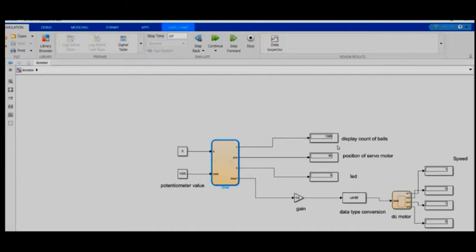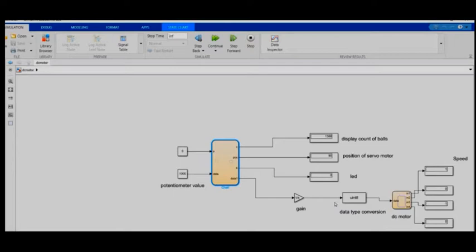Then finally coming to the launching unit. In the launching unit we have used the 2 DC motors and one potentiometer. The potentiometer will help to vary the speed of the DC motor. If we go on varying the inputs of the potentiometer, that is values, here the gain will convert it to 1/4 of the original values, and then it is further connected to the data type conversion.